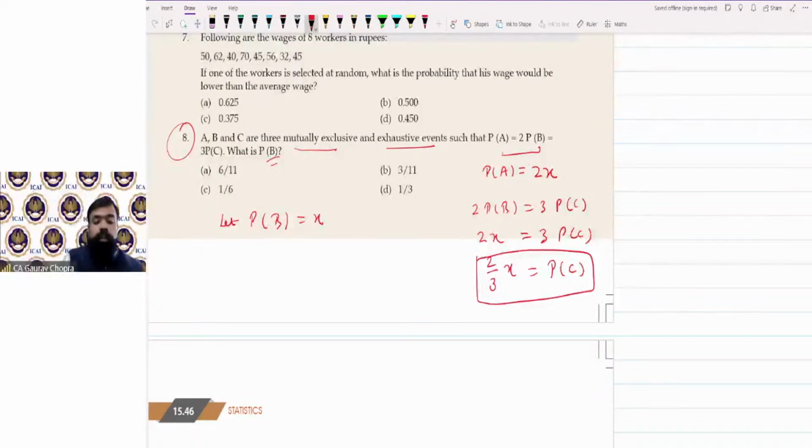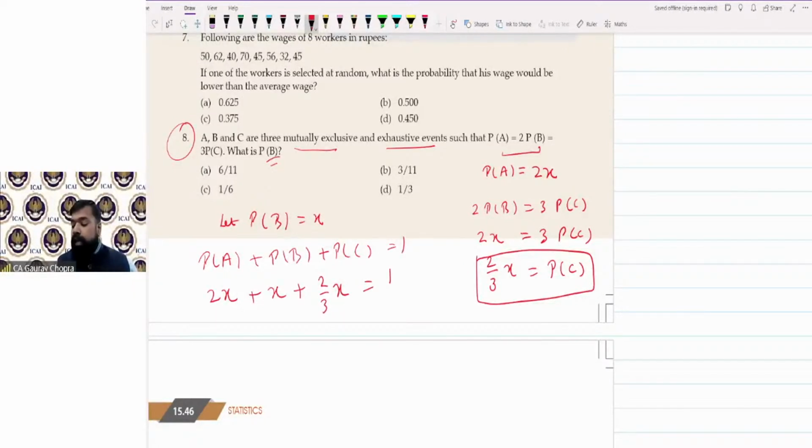Now, since they are exhaustive, we can write PA plus PB plus PC is equal to 1. So PA is 2x, PB is x, and PC is 2 by 3 of x, equal to 1.